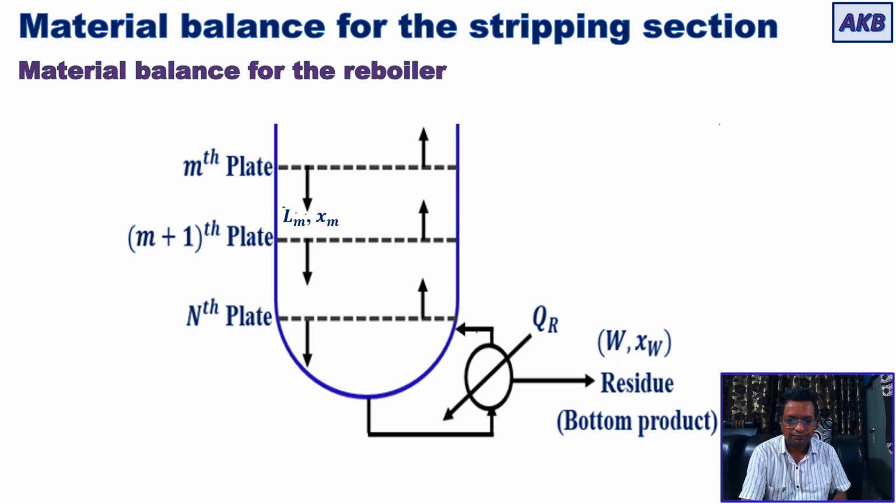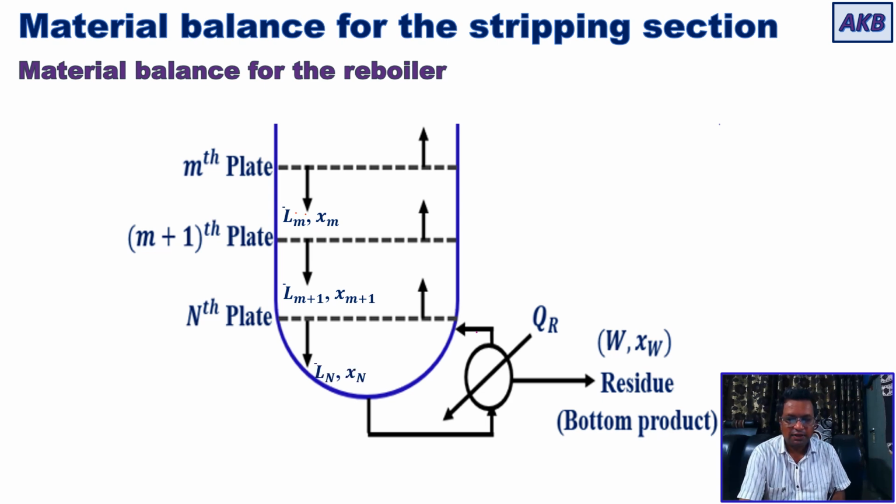Similarly, the other notations. The stream that is leaving m plus 1th plate will have a molar flow rate of L bar m plus 1 and mole fraction of A in it will be x m plus 1.